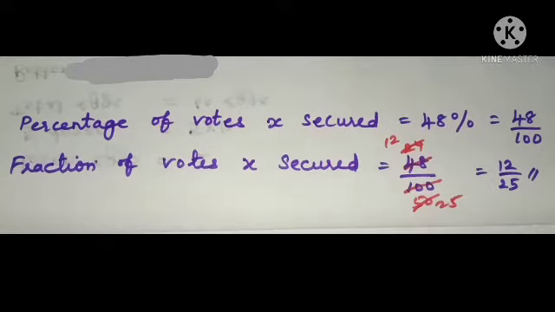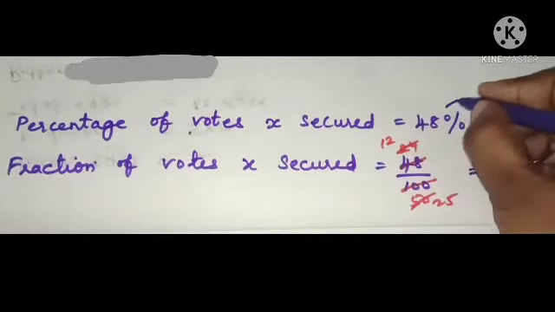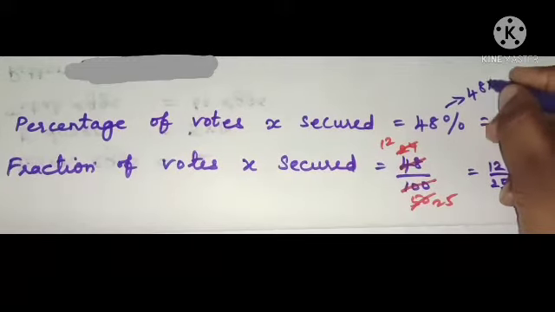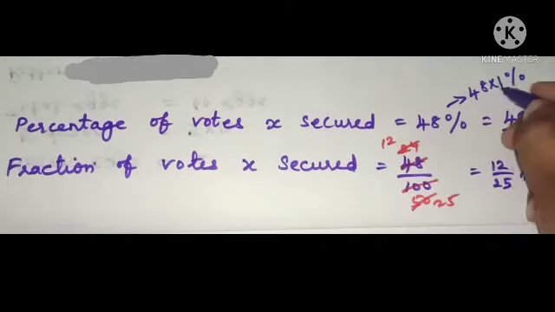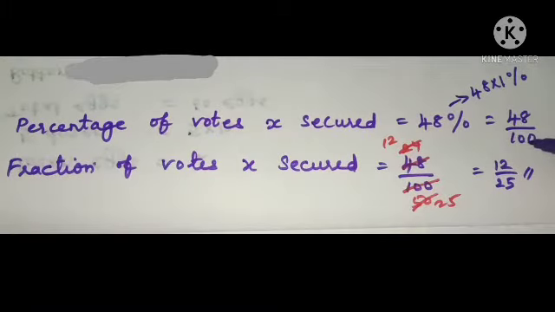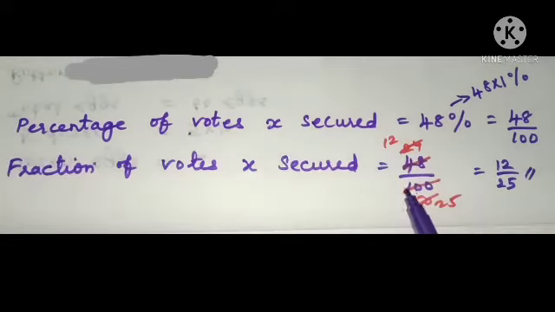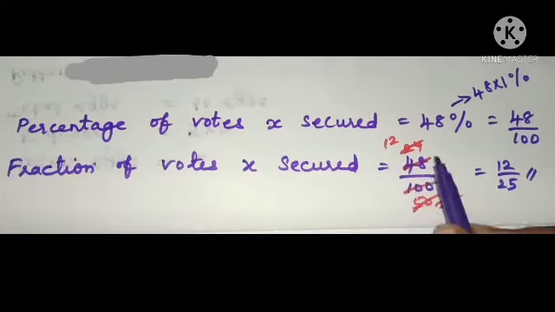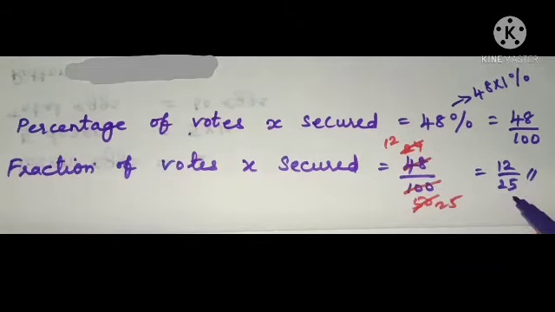We can write 48 percentage as 48 into 1 percentage, isn't it? 48 into 1 is 48. 1 percentage can be written as 1 by 100. 48 by 100 is the fraction of votes X secured, and then cancelling 48 by 100 by using 2 table, we get 12 by 25.